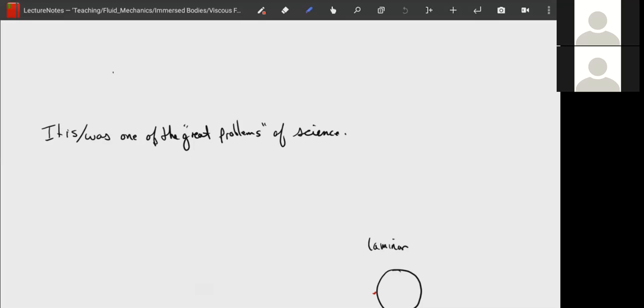But combining this external flow and this viscous layer next to the object was incredibly difficult, mostly because the viscous layer is so small, and it has a really outsized role on the behavior of the whole system. So how to combine those two and connect them mathematically and through models was tremendously difficult, and still is.